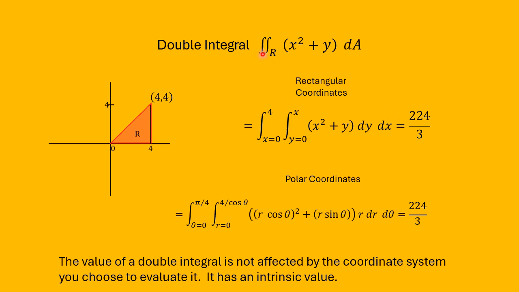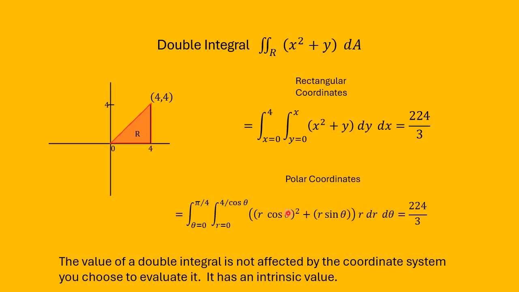We also looked at this same double integral in polar coordinates. When we changed the double integral into an iterated integral in this case, we got this more complicated integral. The integral from theta equals 0 to pi over 4, r equals 0 to 4 over cosine theta, and this stuff: the quantity r cosine theta quantity squared plus r sine theta times r dr d theta.